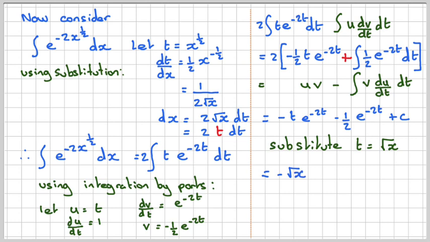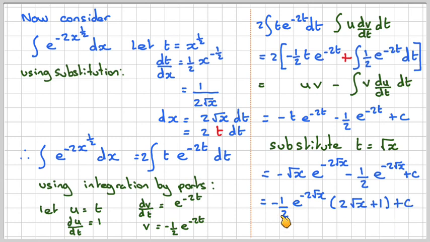So we're going to get minus root x e to the minus 2 root x minus a half e to the minus 2 root x plus some constant c. There's a common factor of minus a half e to the minus 2 root x that I'm going to take out. So that means I'm going to have a 2 root x here, and then a plus 1. It's plus 1 because I've taken out a minus sign. Again, pause the video if you're not sure about that.